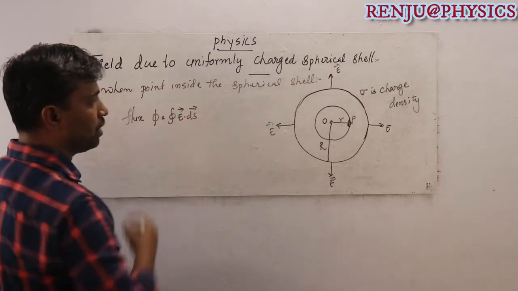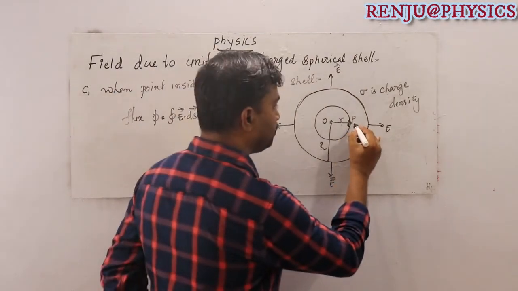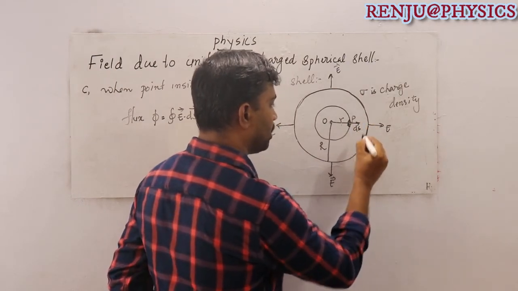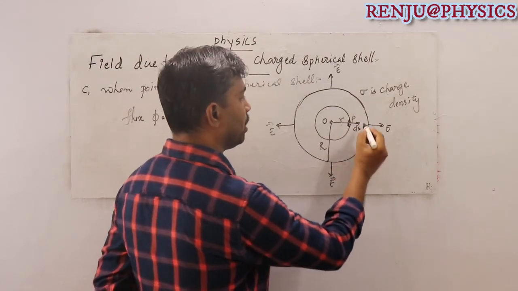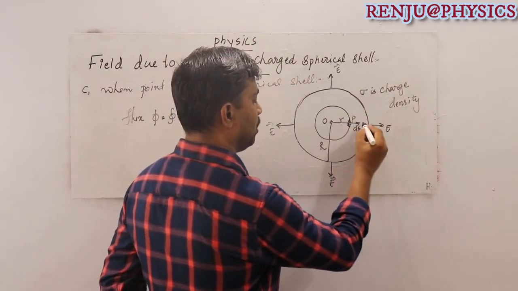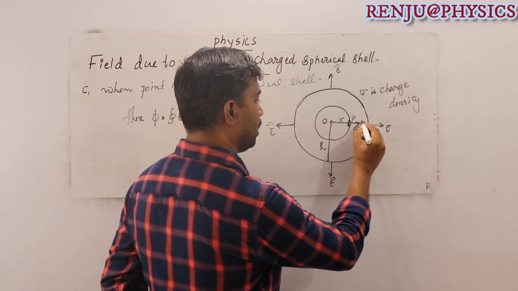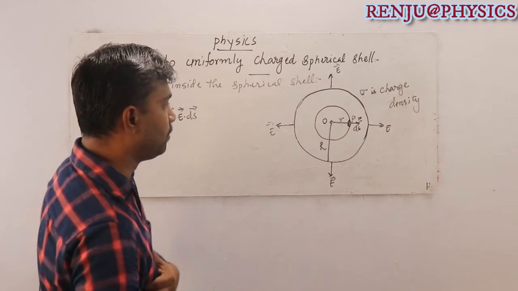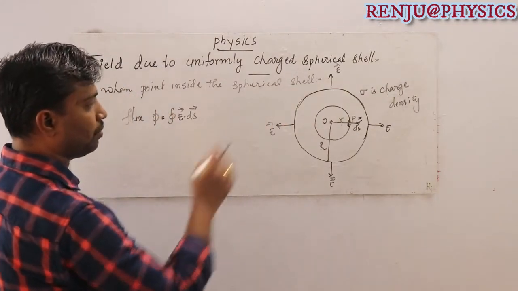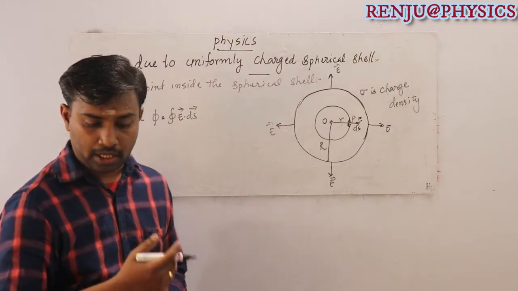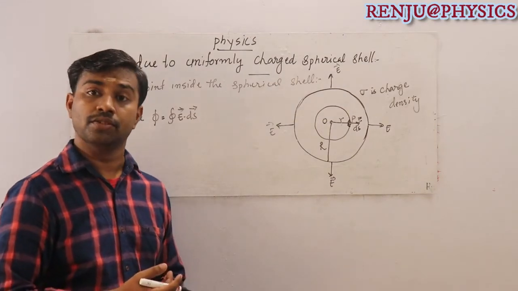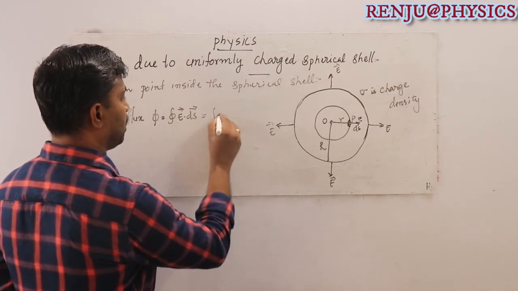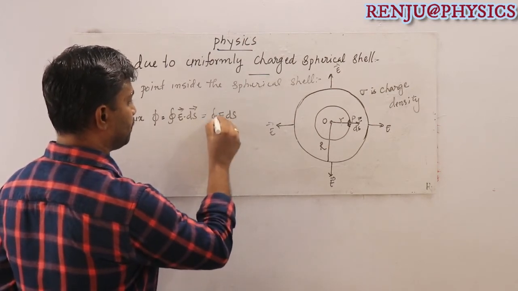E dot ds. At the point P, the area vector will be in this direction, and the electric field is in the outward direction. That is the direction of the electric field. Okay, so we can write that the angle between E and ds is 0. So we can write this as integral E ds.